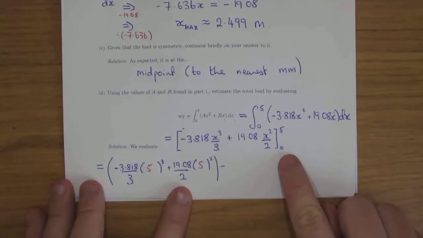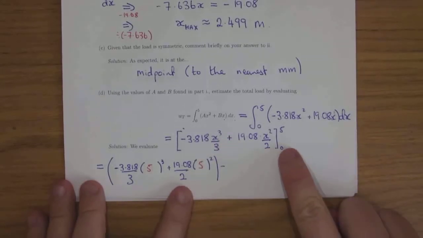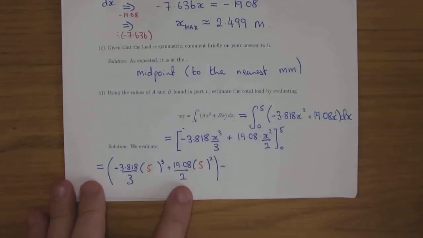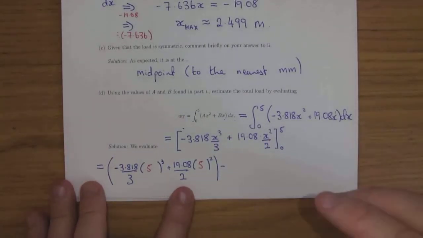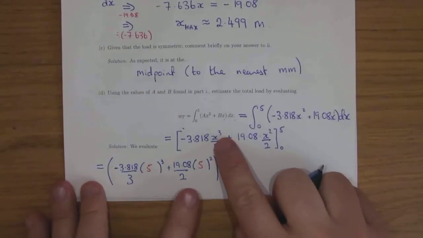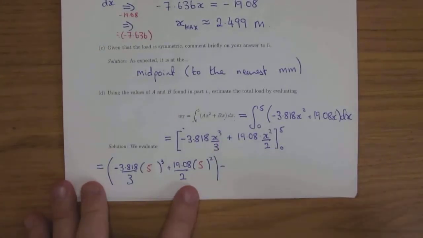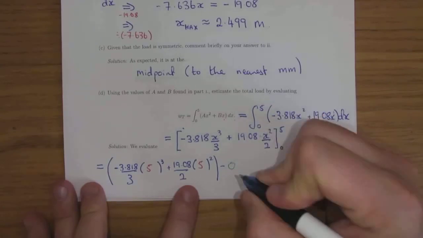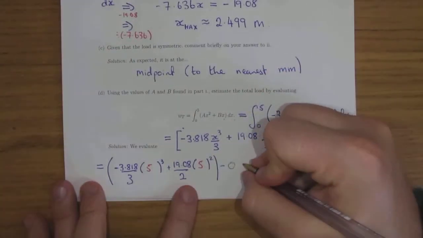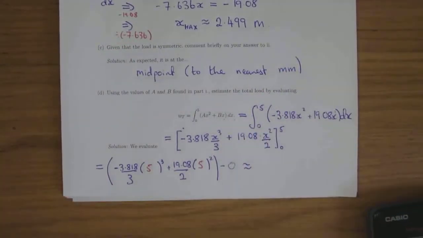Take away, now if you sub in the 0, 0 cubed is 0, and sub in the 0 here, 0 squared is 0, so this actually ends up being 0. Now you have to be careful that if this was cos of x, cos of 0 is not 0, or e to the x, e to the 0 is not 0, but here they are. And we'll bang this into the calculator and see what we get.